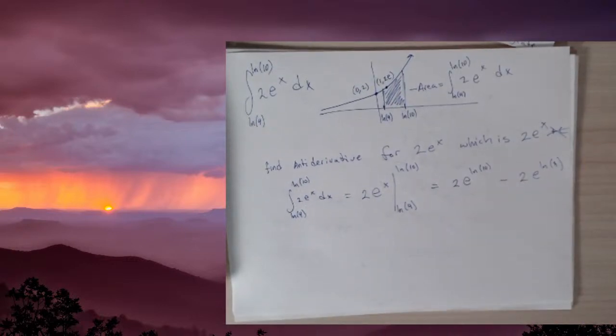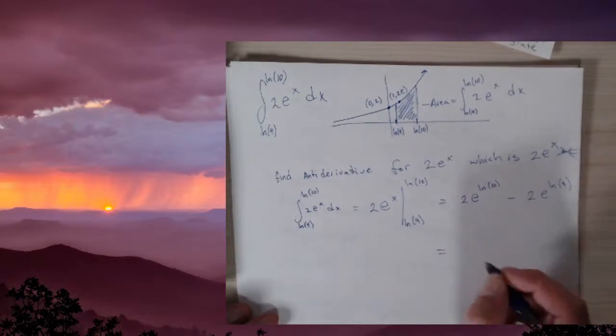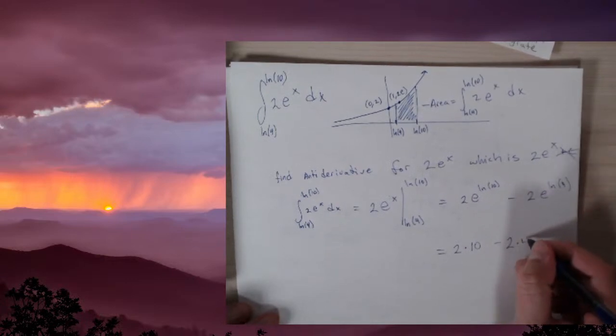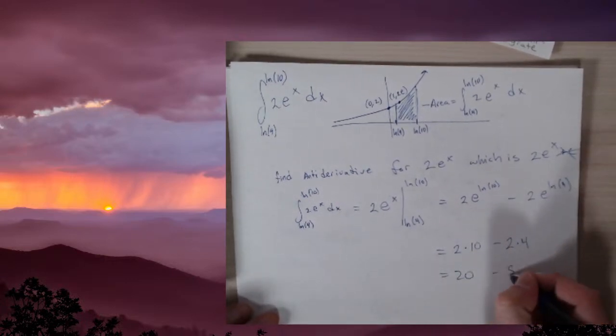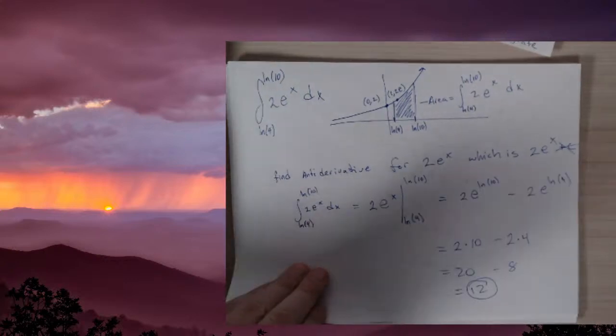And now you will see why I chose points inside the natural log, because e and natural log are inverses of one another. 12 is the answer, 12 is the solution. Isn't that great? It's probably not that great. But anyway, there's a definite integral, and that's the whole point of these integrals.